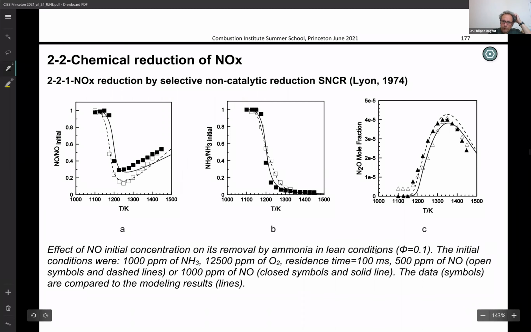And the data were compared to simulations. What we can see is that when we plot NO divided by initial concentration of NO, you can see that there is a sharp drop here, and you reach a maximum conversion of NO around 1250 K, and then the concentration of NO goes up again.